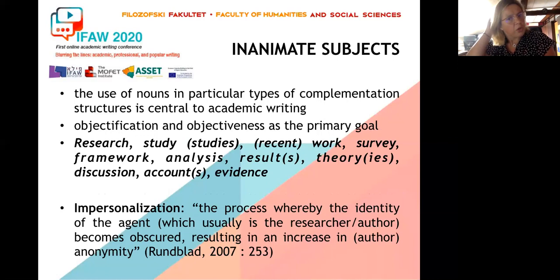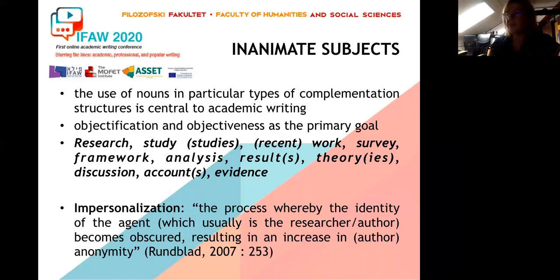So what we have also is a cluster, right, of these inanimate subjects, where we have objectification and objectiveness as the primary goal. You have here some examples of these nominal structures: research, study, recent work, framework, analysis, theories, discussion, accounts, evidence.